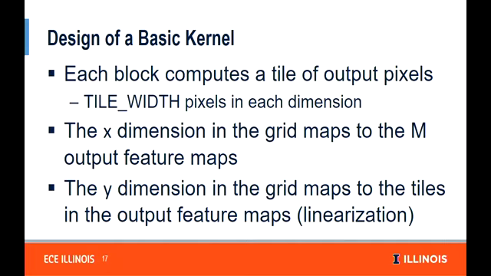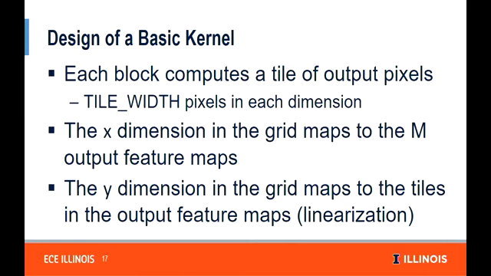So the tile width, we can define that as a square tile, with tile width pixels in each dimension. And then we can have the x dimension map to the M output feature maps. This is a little bit different from the 2D convolution because we have multiple output feature maps to produce, so we'll give that one of the dimensions.